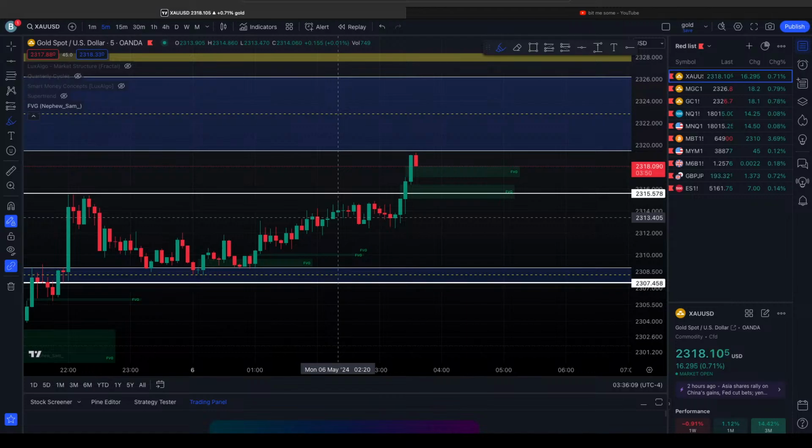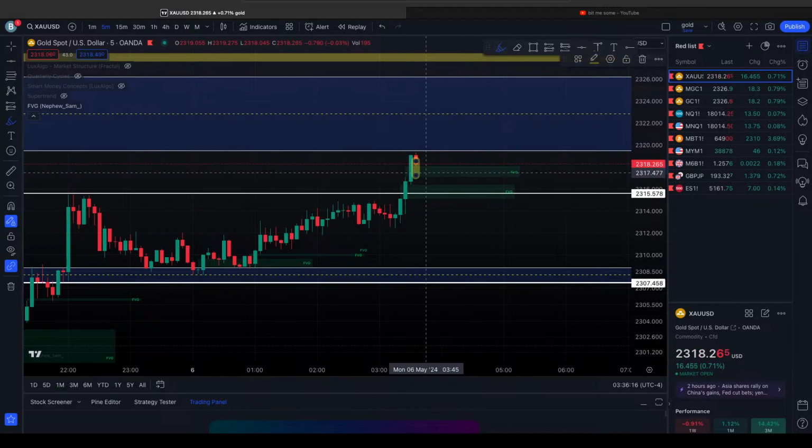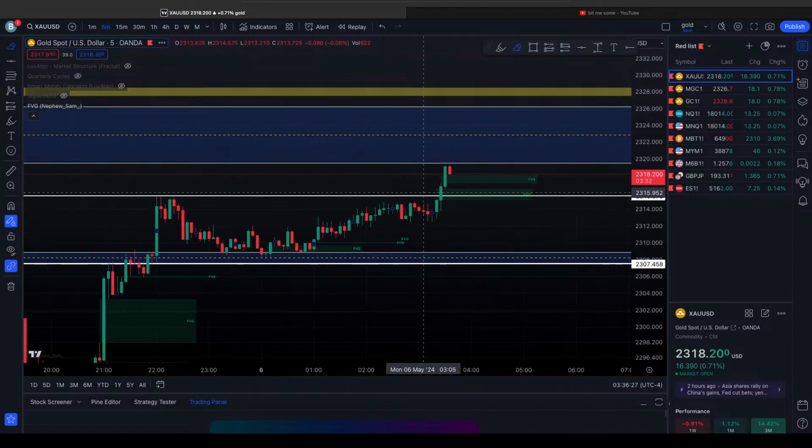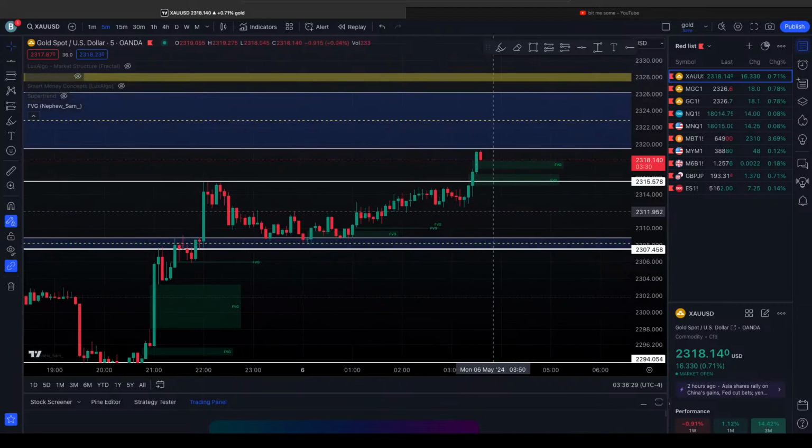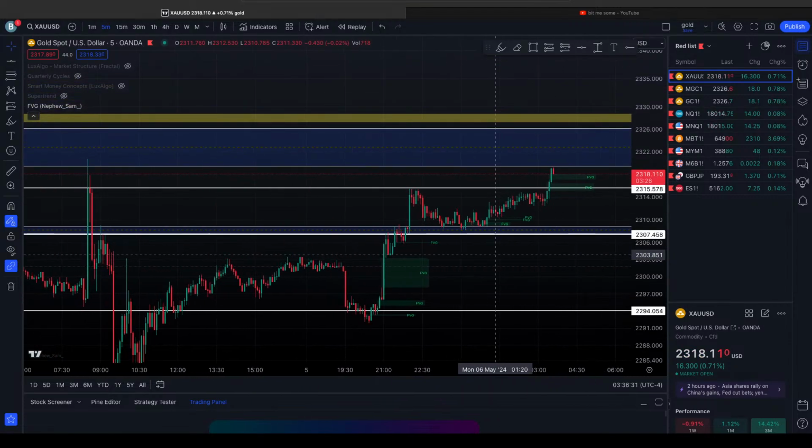We'll see how this closes. I think this might do something like that. And then if we get some kind of green candle that closes respecting this little fair value gap area, I might take a buy. I don't know. We'll see how it looks, but that might be the area.